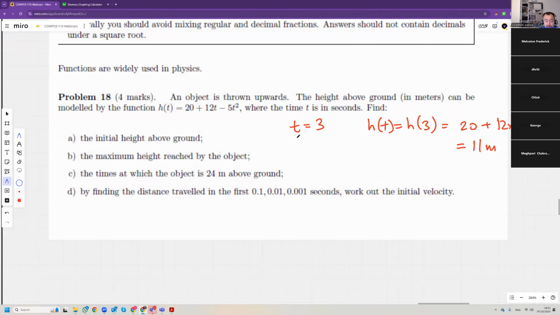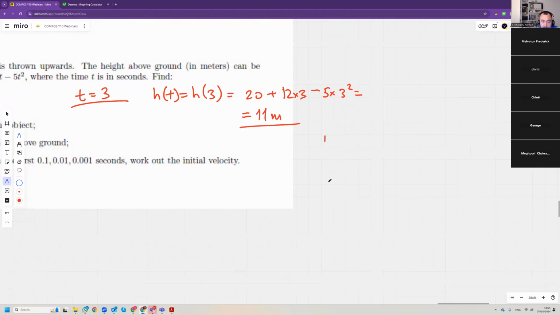That means after 3 seconds, the object is at a height of 11. And by substituting every value of t, you can work out the height at any given time.